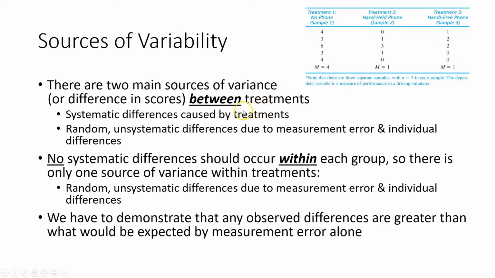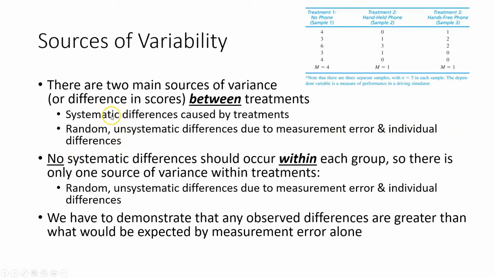There are 2 sources of variance when we analyze between treatments: systematic differences caused by the treatments themselves, and random unsystematic differences that are just due to measurement error and individual differences.